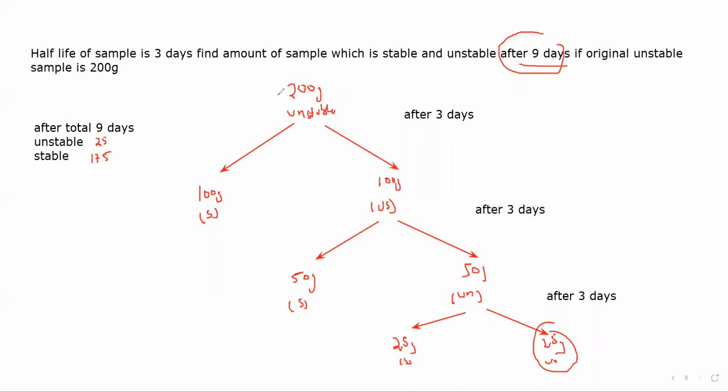So originally we were having 200 gram of the sample with a half-life of 3 days. So means after every 3 days, this will become half of its original value. Like half will be stable, half will be unstable. So half of 200 is 100. The 100 will be stable and 100 will be unstable. Then the 100 which is unstable will not stop. It will also decay.